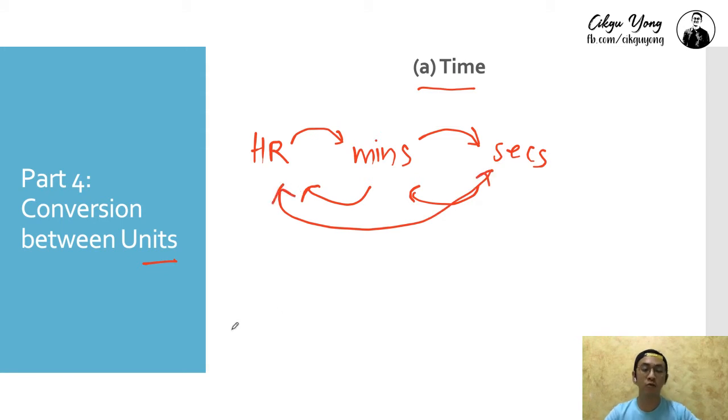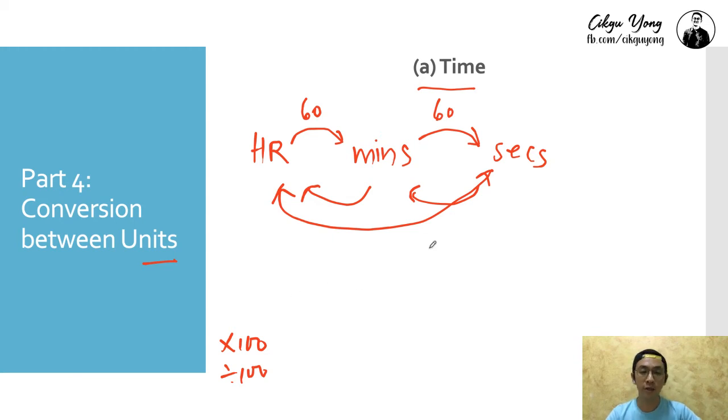My student used to say, oh teacher, conversion, so it means times 100, or divide by 100, for example. So you have to ask yourself, 1 hour to minutes: 1 hour you have 60 minutes. So for sure the number that you have to use is 60. Minutes to second, 1 minute, how many seconds are there? There are 60 seconds. So again, 60 will need to be used for you to convert.